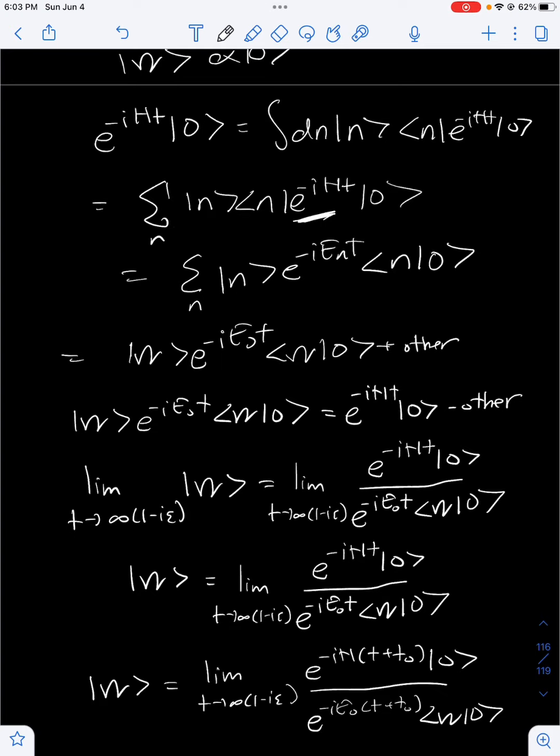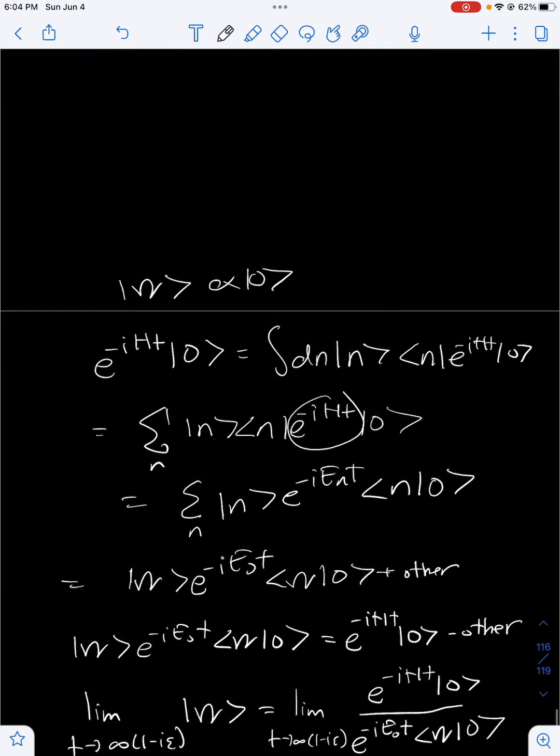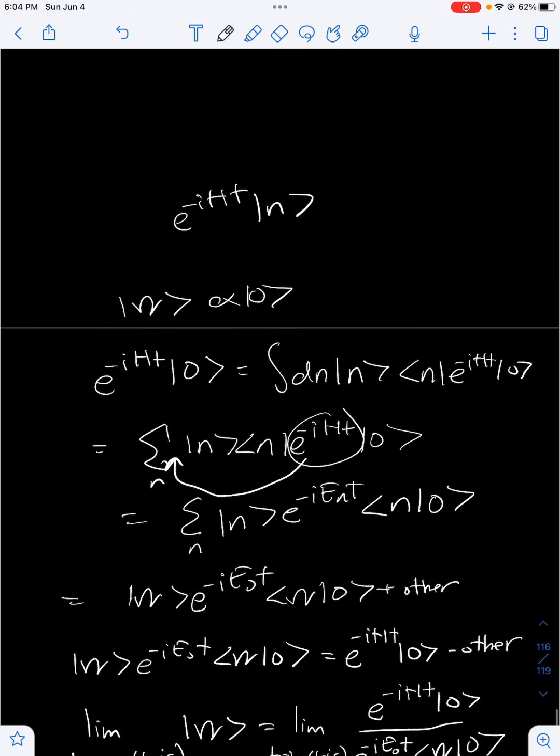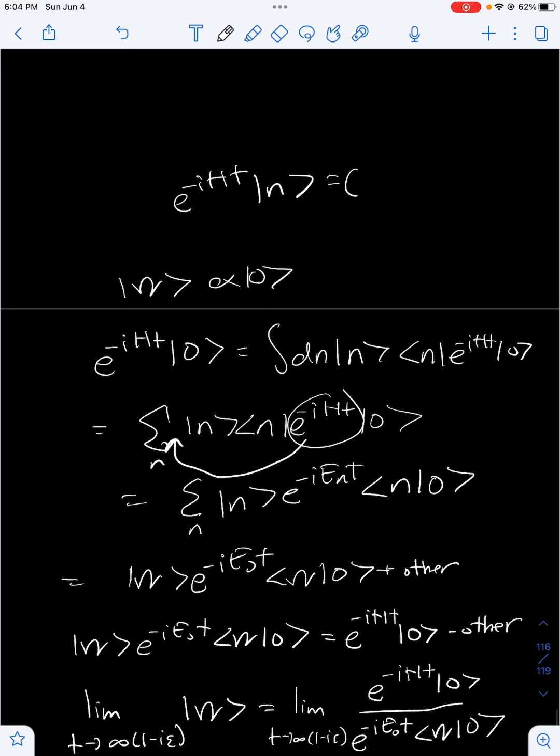And then we can note that would give us this term over here, because if we expand e to the minus iHt in a Taylor series, imagine we take e to the minus iHt and want to act it on this over here, so we move it here to act on this. We can expand this in terms of a Taylor series, so that's going to be 1 minus iH acting on n, plus higher terms.